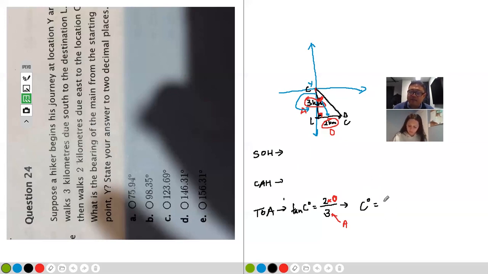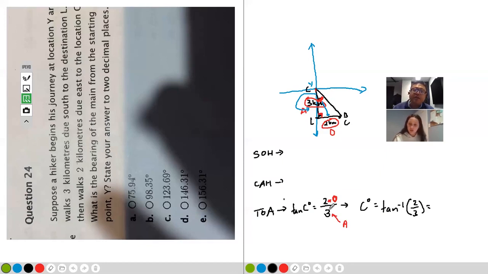So inverse tan, tan⁻¹ of 2 on 3. And then to 2 decimal places.